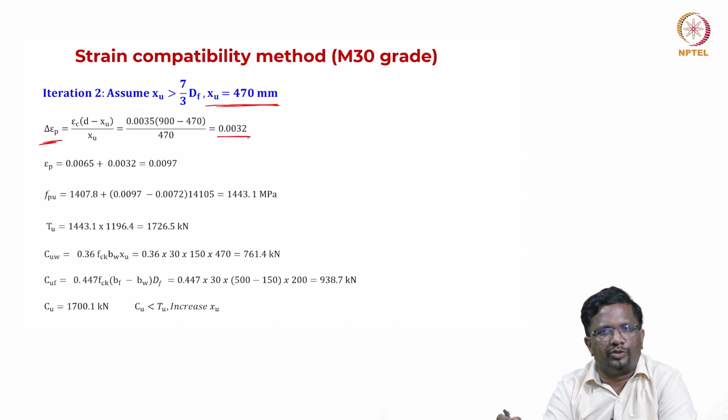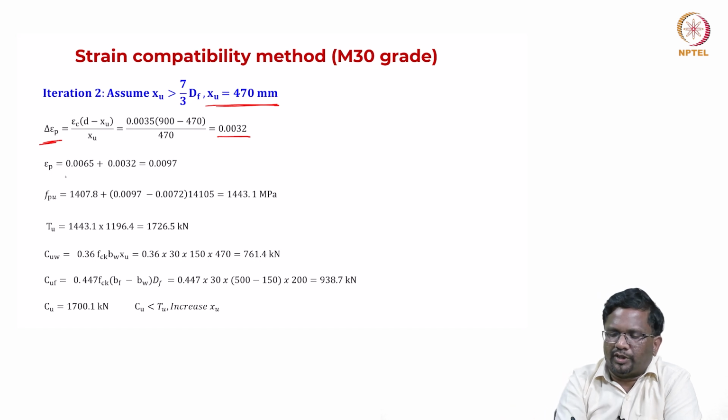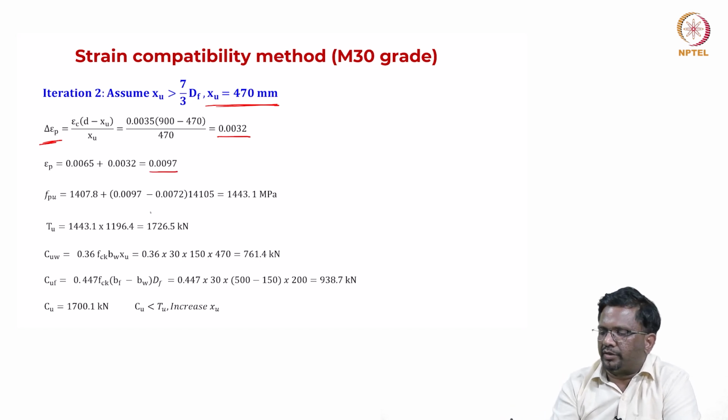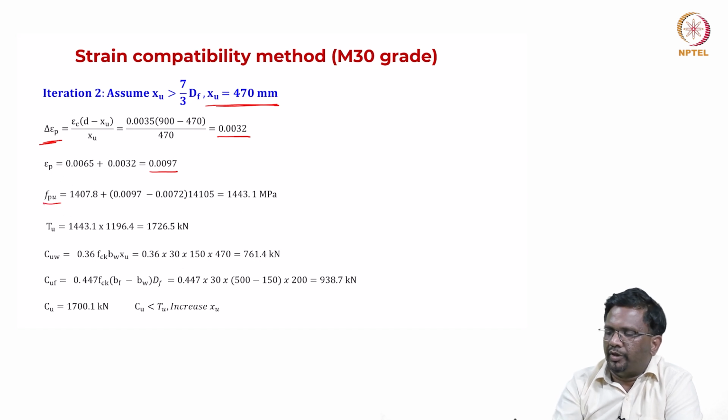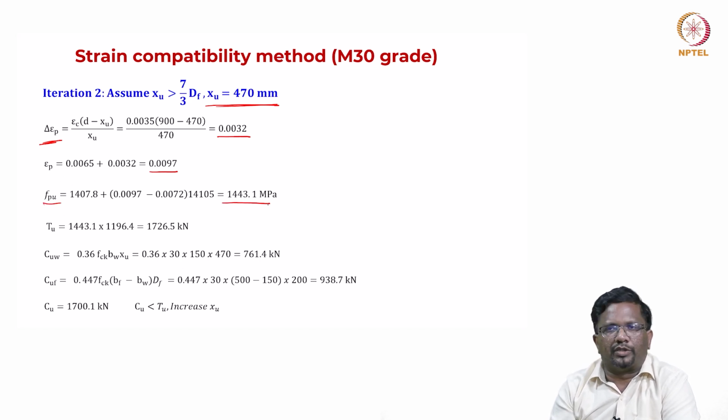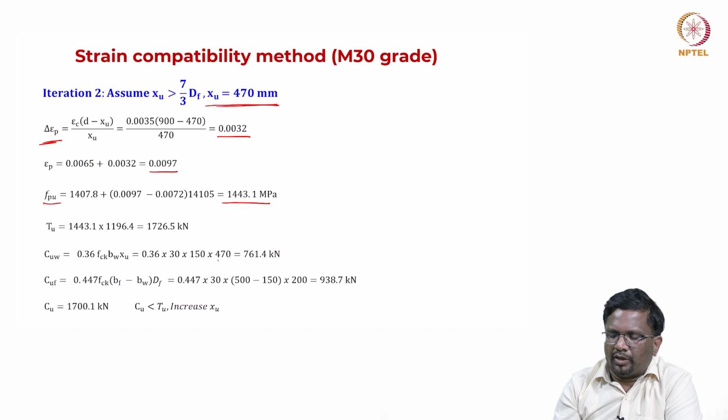then again using strain gradient we get a value of 0.0032 and your strain as 0.0097 and stress, again using the bilinear curve, you get 43.1 megapascal. Your tension force again is stress FPU multiplied by AP will give me this, right.